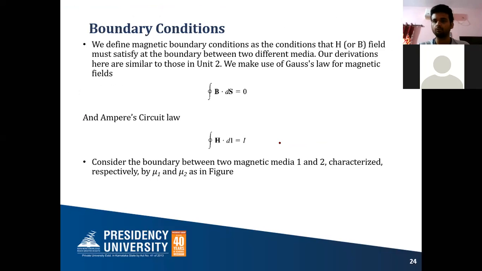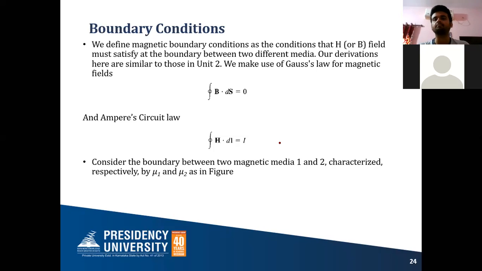Two different media were there, of different permittivities, epsilon 1 and epsilon 2. And what are the conditions that the electric field must satisfy at the boundary, that we had seen in those cases. But here it is different.